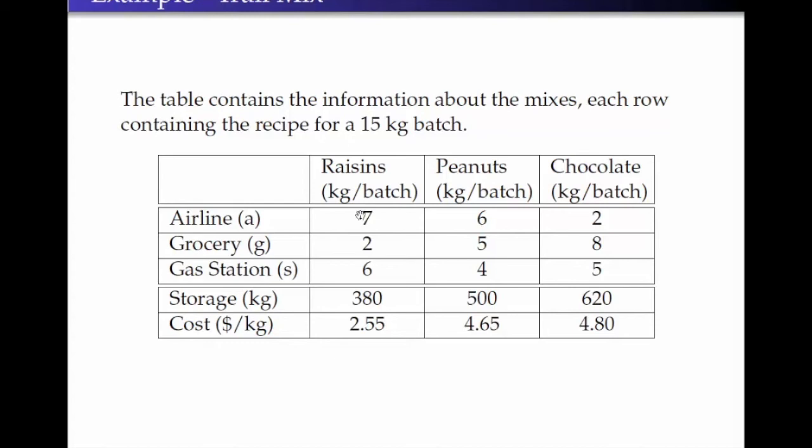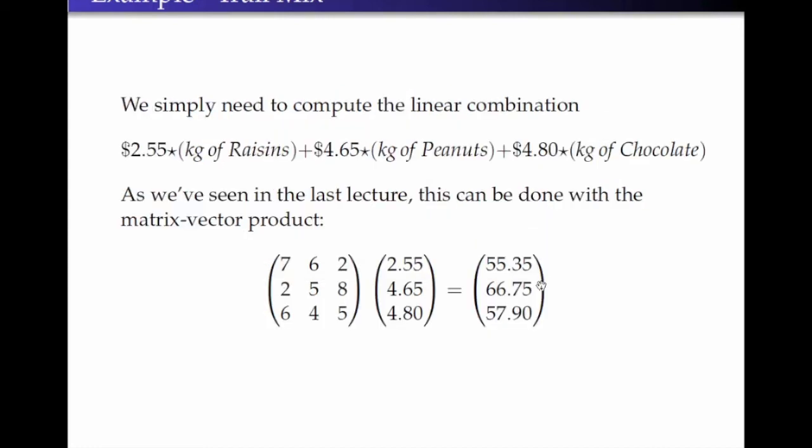So it would be an inner product of this vector here, this airline row, and this cost vector here. Because if I multiply the cost of raisins times the kilograms of raisins, cost of peanuts times kilograms of peanuts, cost of chocolate, kilograms of chocolate, what I'm going to get is the total cost for the airline mixture. And then I want to repeat that for the other two rows of the matrix.